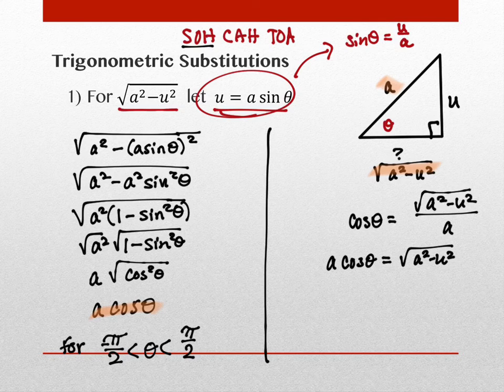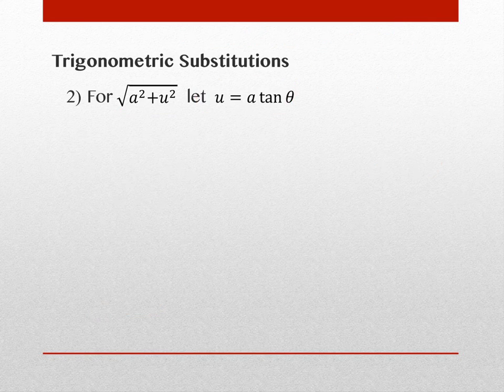So if u is equal to a sine of theta, then that square root that I've been trying to eliminate will in fact equal a cosine theta, either from an analytical perspective or from a geometric perspective. If that feels a little bit uncomfortable, it's okay. We're going to do two more of them and it will get more comfortable because the process repeats itself quite similarly. So let's try the second one.